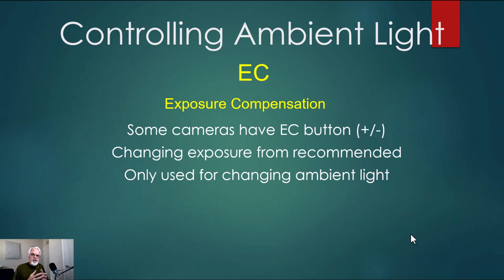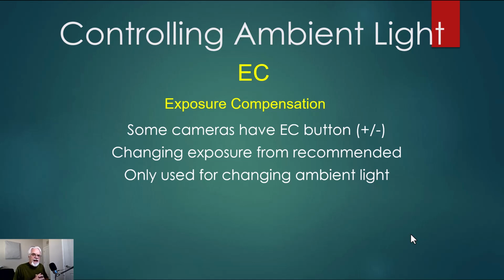The camera meter is going to give you its best estimate by setting the shutter speed for you, like in aperture priority mode. But if it's too dark or too bright and you adjust your shutter speed to compensate, you're doing exposure compensation. That's all that is. Changing the background exposure to the brightness level you want, whether it's lighter or darker.